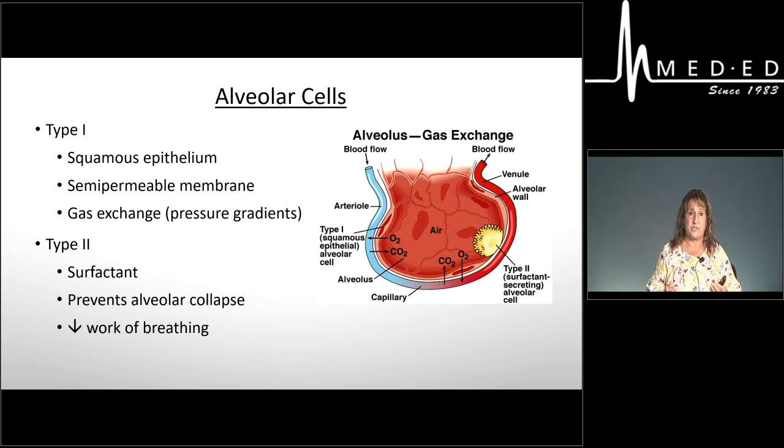Then we can't oxygenate well, because if the capillaries don't touch the alveoli and make good contact, maybe we have an alveolus that's shrunk, the capillaries are way up here trying to touch it but they can't, then there's not good gas exchange. So surfactant's biggest job is to help decrease the work of breathing and prevent those alveoli from collapsing.